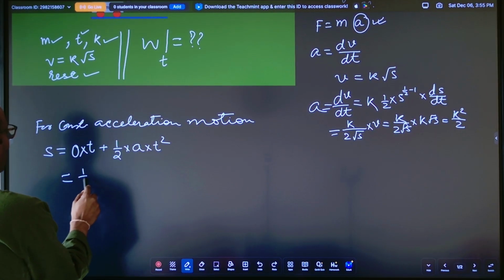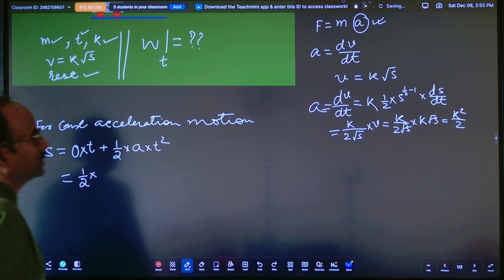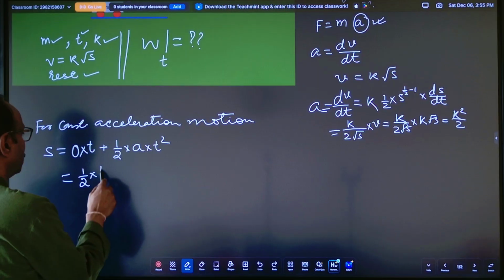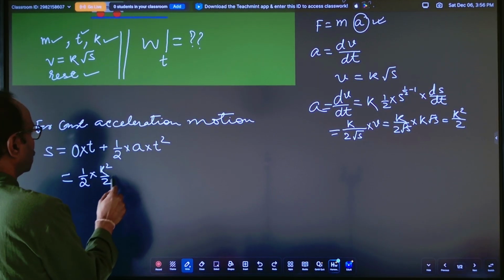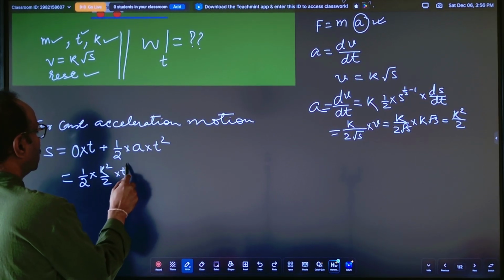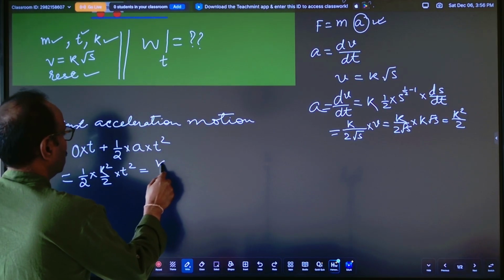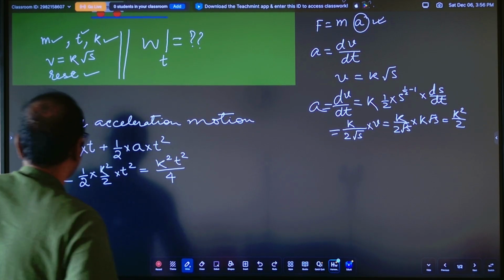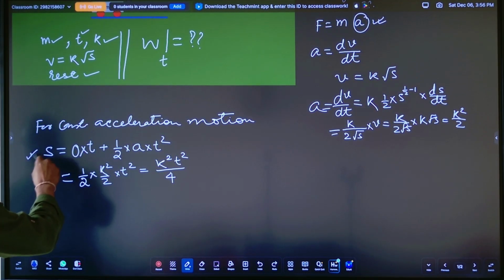Initial velocity was 0. So this will be half into acceleration, k square by 2, into t square. So k square t square by 4. This is your displacement.